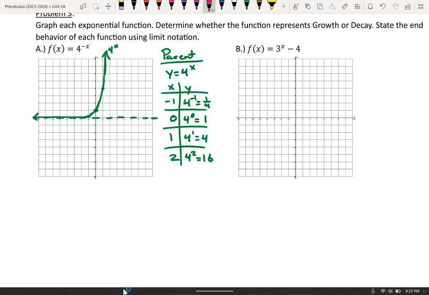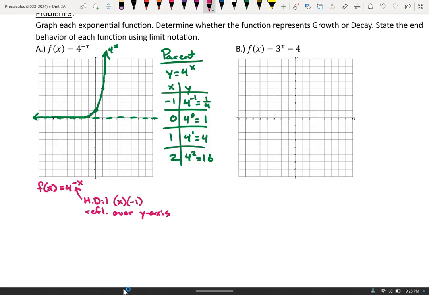So we want to go ahead and identify our transformations. We have f of x is equal to 4 to the negative x. We only have one transformation happening here, and that is this one right here. This is a horizontal dilation, where we're going to take all our x values and multiply them by -1, which results in reflecting over the y-axis.